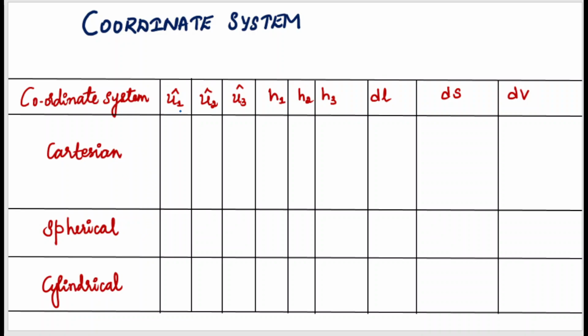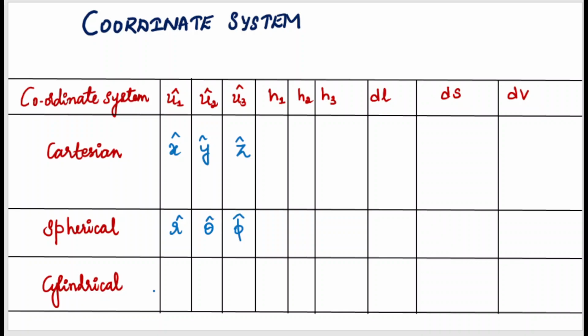So what are these u1 cap, u2 cap, u3 cap? I have already told you, these are the unit vectors. In the Cartesian system, the unit vectors are x, y, and z. In the spherical system, the unit vectors are r, theta, and phi. Written in terms of a cap so that it is easily understandable, it is r cap, theta cap, and phi cap.